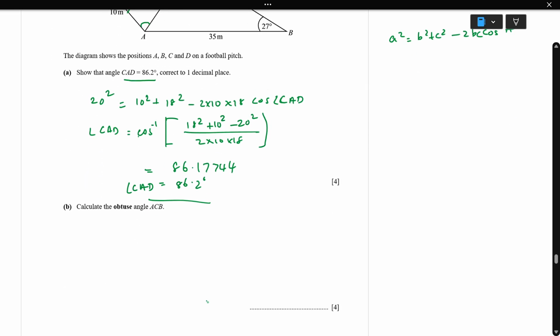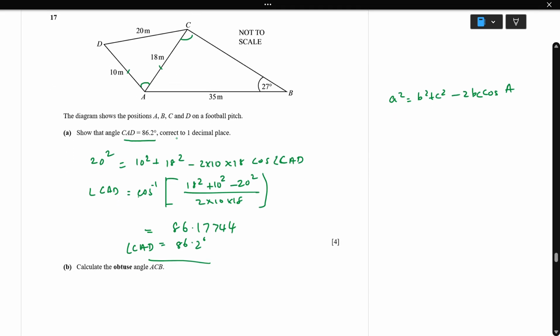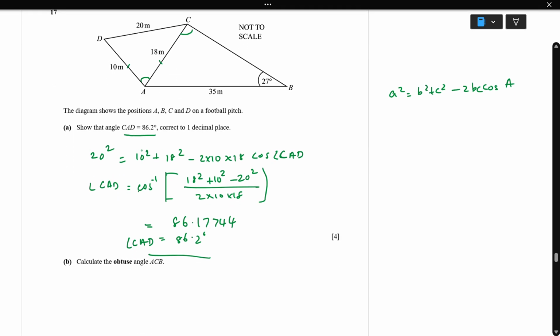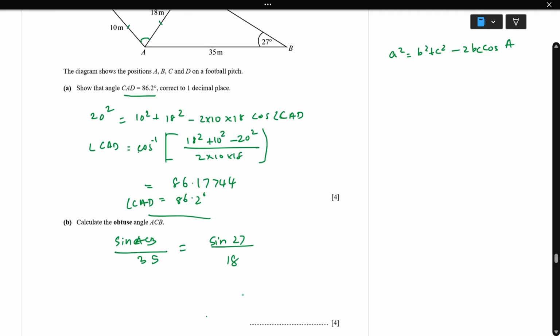The next one: calculate the obtuse angle ACB. Where is ACB? Here. Now a pair is given, so I can use the sine rule. Sine of angle ACB over 35 equals sine 27 over 18, the opposite side.